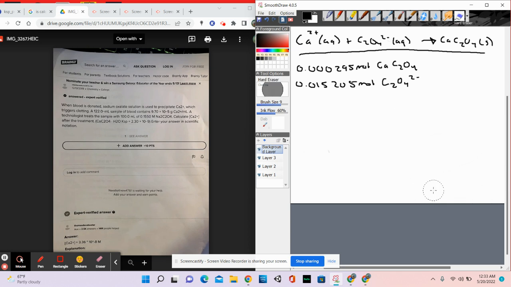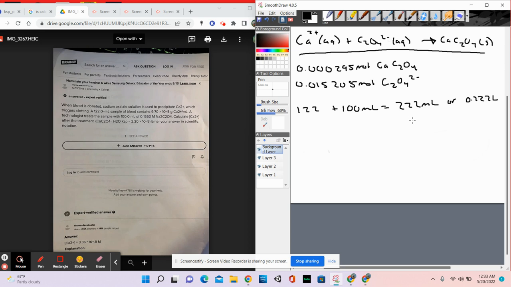Now, we're going to want to put these values into an ICE table. So what we need to do is find the total volume of this solution, which is 122 milliliters plus 100 milliliters, which is 222 milliliters, or 0.222 liters.